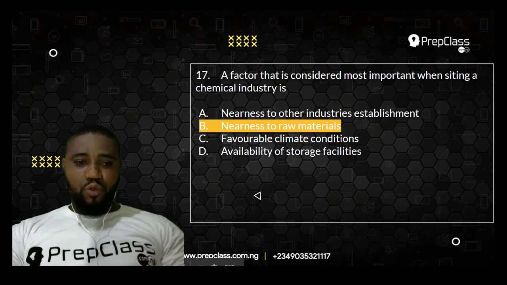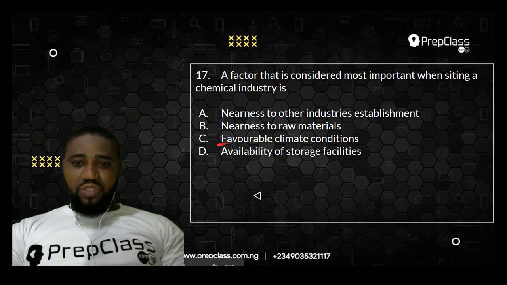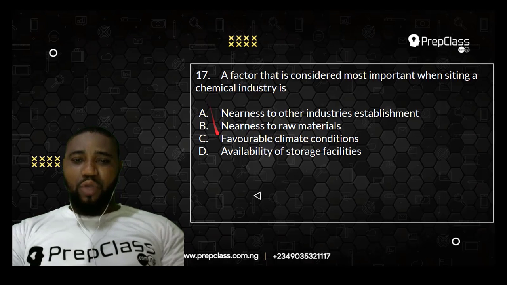Now, if you look at this question critically, you will see that even with common sense, the most important among all these listed is nearness to raw material. Availability of raw material at the right time is the most important factor for citing a chemical industry.